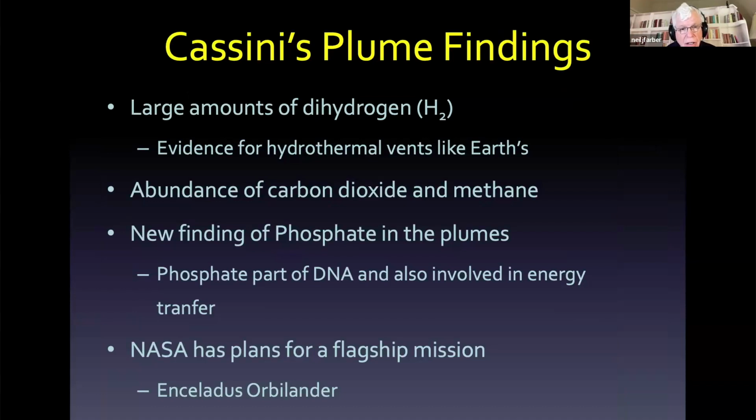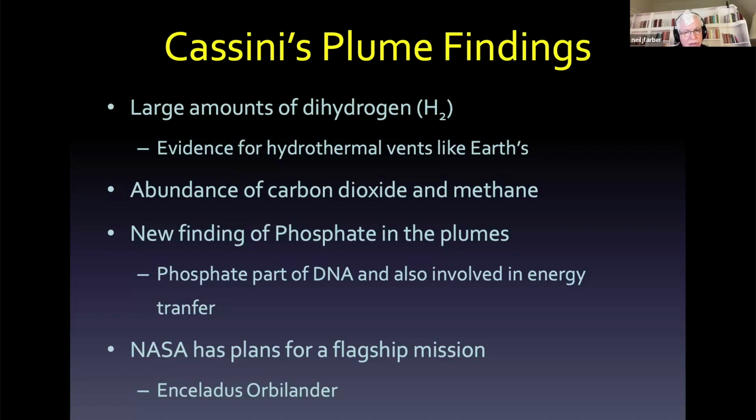And Cassini, which looked at Enceladus as one of its pass-bys, showed a large amount of dihydrogen, which is evidence for hydrothermal vents like those on Earth. It has an abundance of carbon dioxide and methane, and there are new findings of phosphate in the plumes, and phosphate on Earth is part of DNA and also involved in energy transfer.